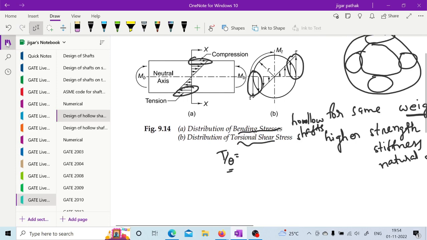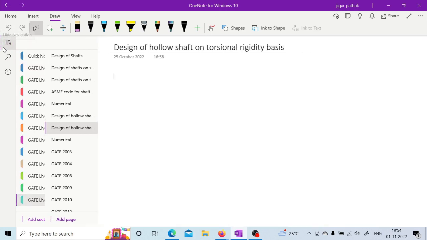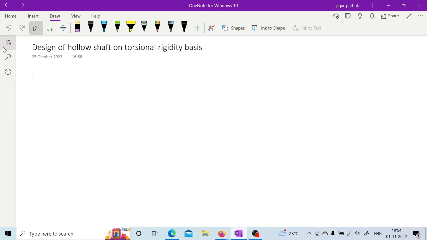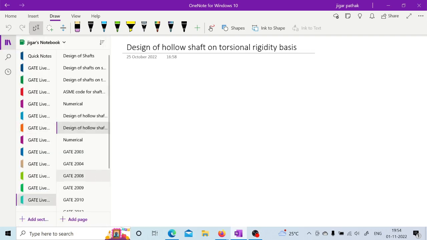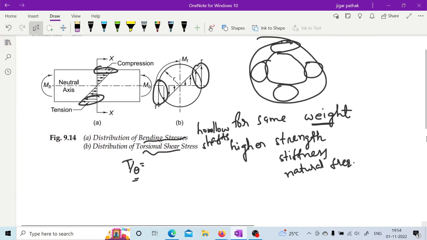So now if you go for the design of hollow shaft based on torsional rigidity, but actually before going to the torsional rigidity, we will first check with our design of strength only.